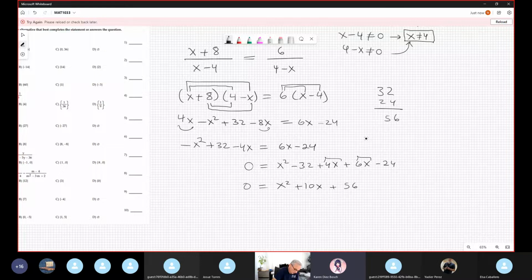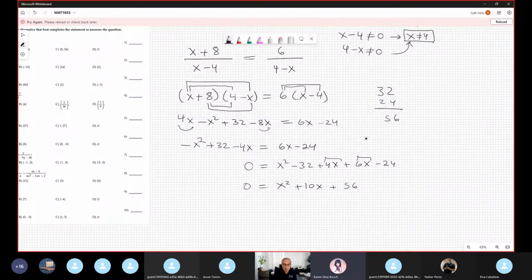x plus 8, multiplication, minus 6. Maybe it's a stupid mistake, but it's normal in mathematics. Okay, now what? It's minus x squared minus 4x plus 32.